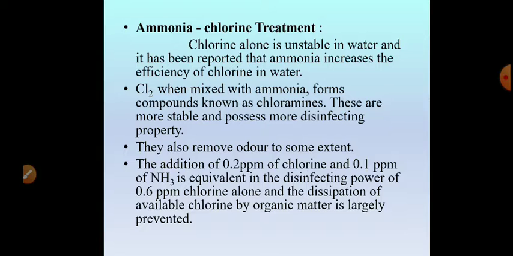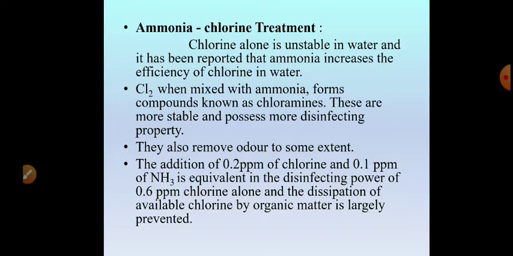Chlorine, when mixed with ammonia, forms compounds known as chloramines. Depending upon the pH, chlorine will combine with ammonia and form monochloramine, dichloramine and trichloramine. These chloramines are more stable and possess more disinfecting property than chlorine alone. They remove odor also to some extent.